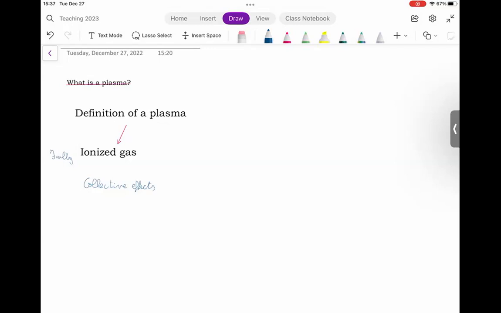A gas or a fluid behaves as a collection of particles because nearby particles can collide, interact, and communicate with each other.